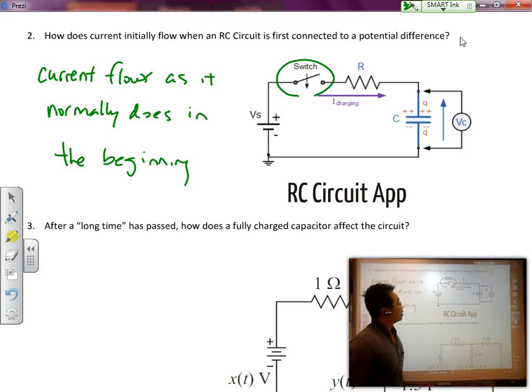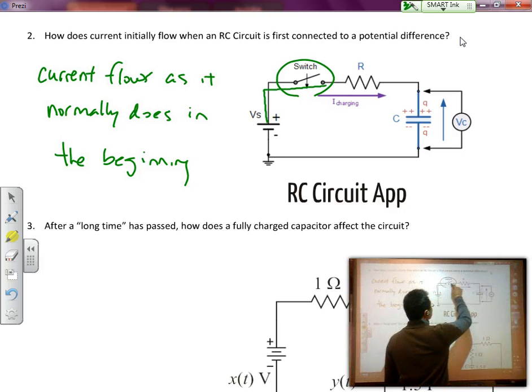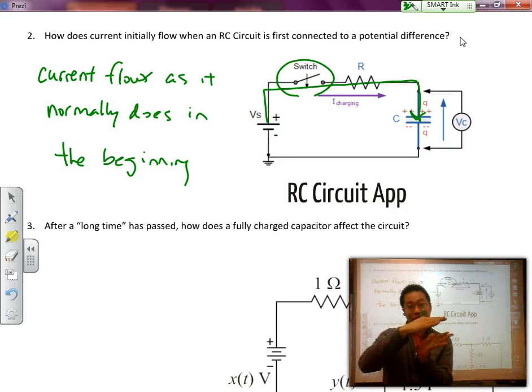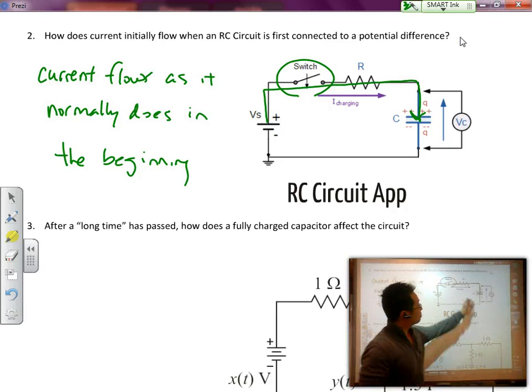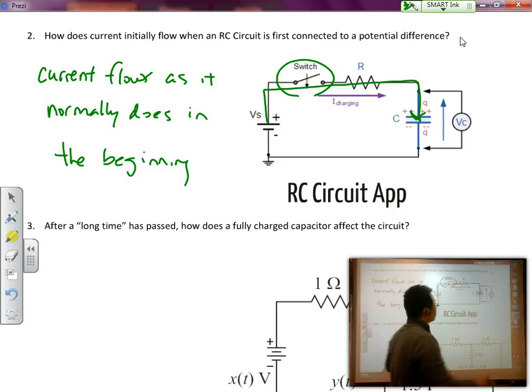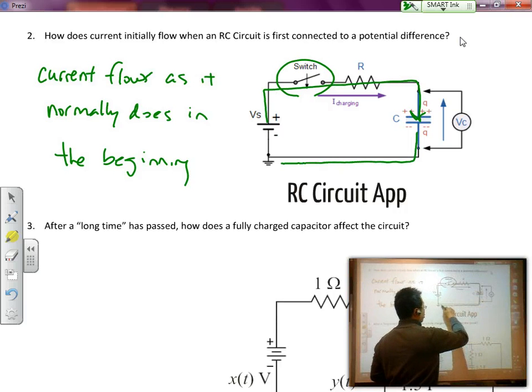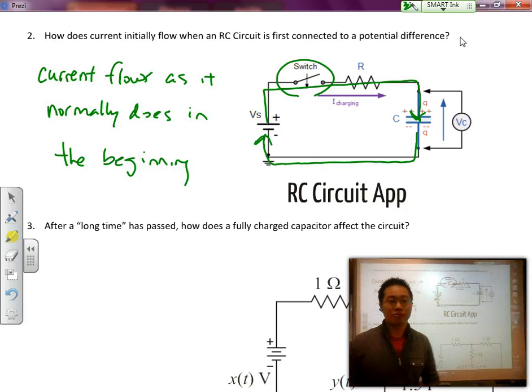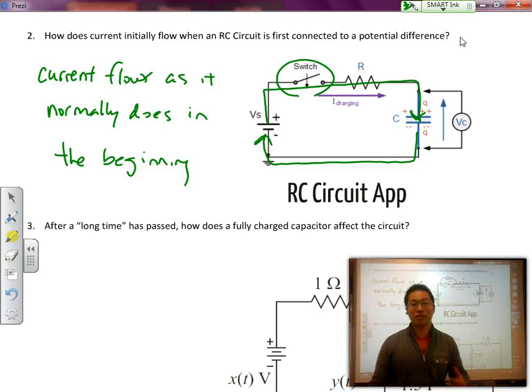As the plate is filling up, through induction it's pushing charges to return into the battery. So the battery believes that there's a normal current flow, even though technically there's a break in between the capacitor plates.